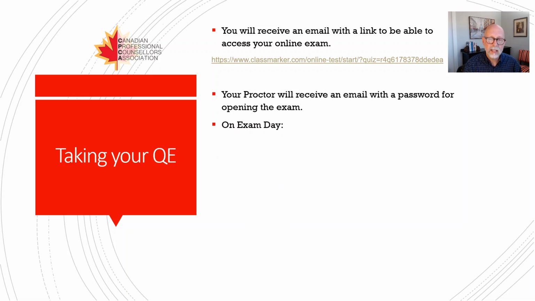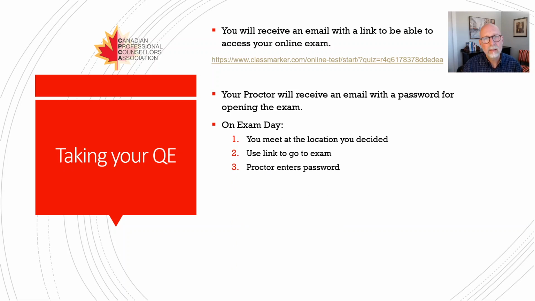On the exam day, of course, you will meet at the location that you decided with your proctor. You'll need to have access to your email with the link, and you then click on the link to open up your exam. The proctor will enter in the password or give you the password to enter in to open up your exam.